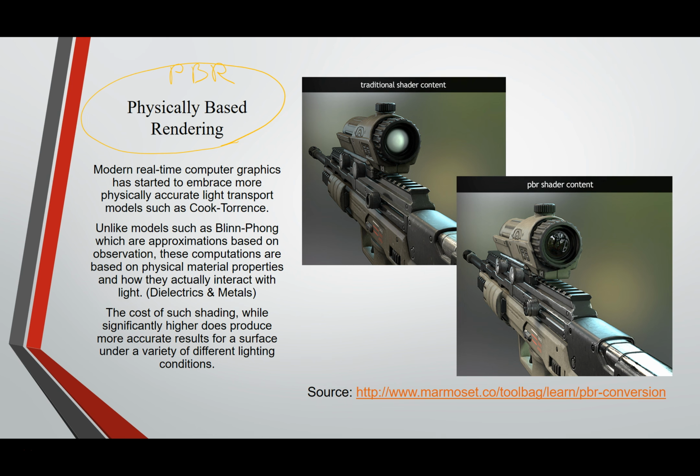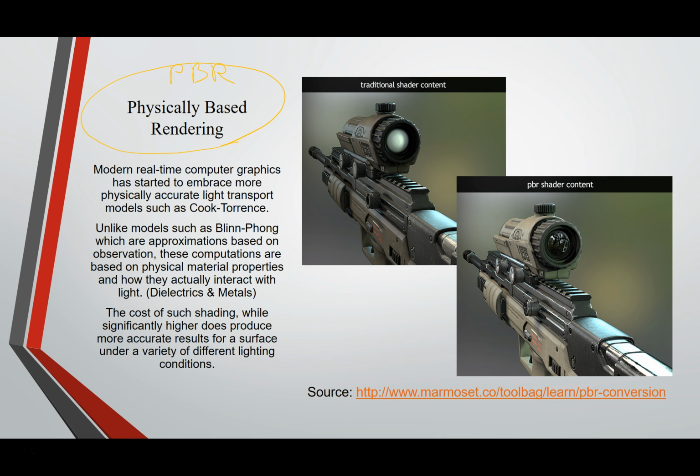We don't have the performance anywhere near that to actually simulate the photons. But these are more accurate. They take more steps to more closely mimic the behaviors of not only the light on the surface, and they do things like energy conservation. They try to respect the fact that a surface material cannot give off more light than it receives.